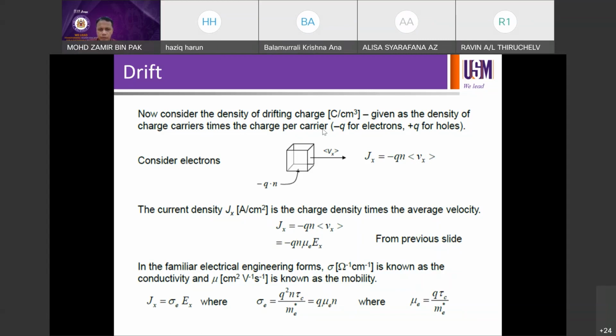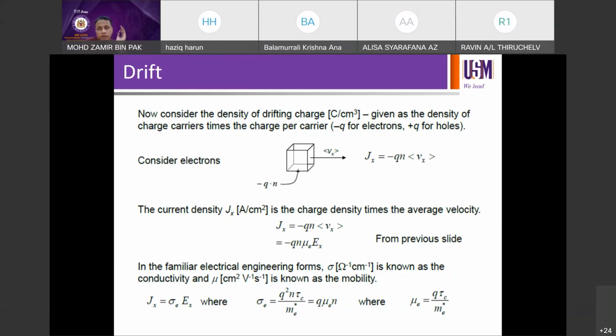If you consider a carrier is an electron, for example, there will be current density associated with the movement of carriers under drift condition. Okay, so we're going to learn later on that when your carriers are experiencing either drift or diffusion, there will be current density associated with the drift or diffusion of holes or electrons.